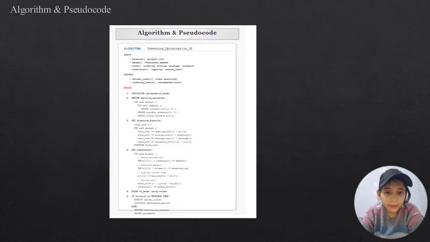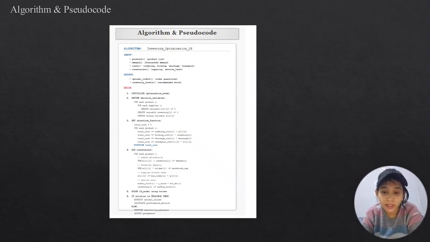Well, in this slide, you can see my algorithm and pseudocode. This slide outlines the algorithm used for inventory optimization. This process begins by defining the inputs such as the product list, demand forecast, cost parameters, and system constraints. The model then initializes the optimization framework and sets up decision variables for ordering, holding, and shortage.